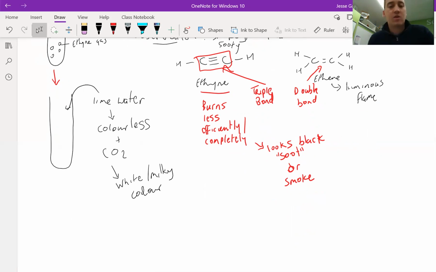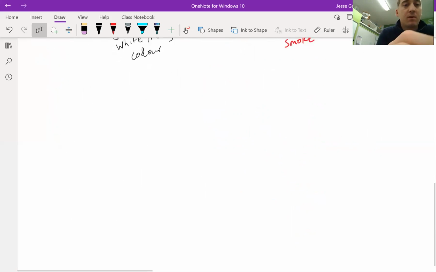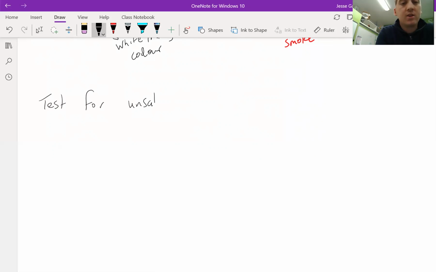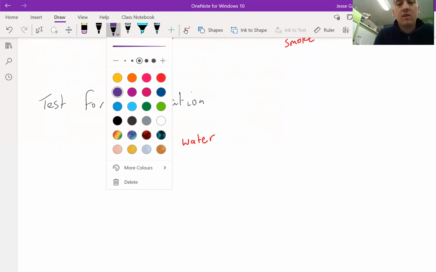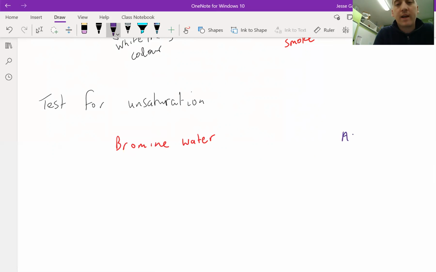The next test that we're talking about is the same as the previous experiment as well. It is a test for unsaturation. And you can do this with either bromine water, which is a red or a brownish color, or you can do it with acidified potassium permanganate.